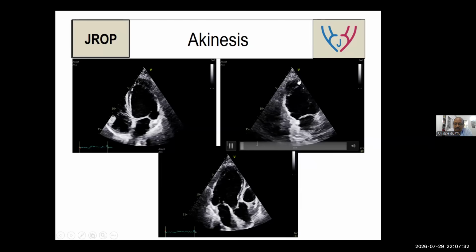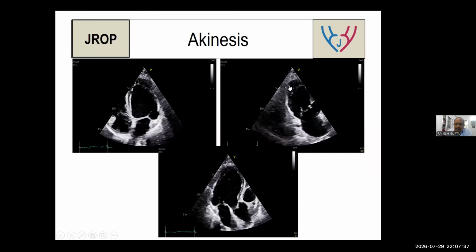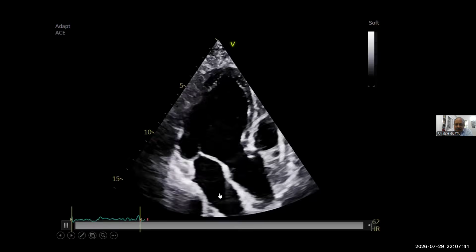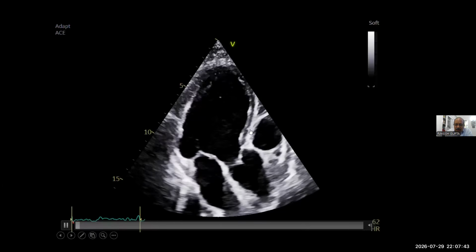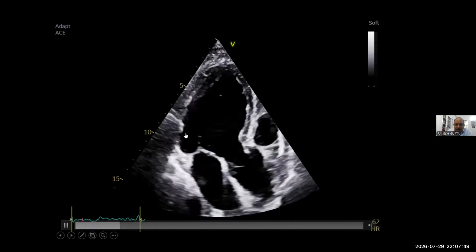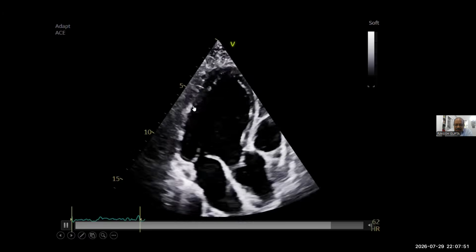Look, the rest of the segments are normally contracted. The normal thickness is present. Look, this is contracting very well. Let's see this segment. This segment, though hyperechoic, is contracting well. On the contrary, this segment is almost akinetic.